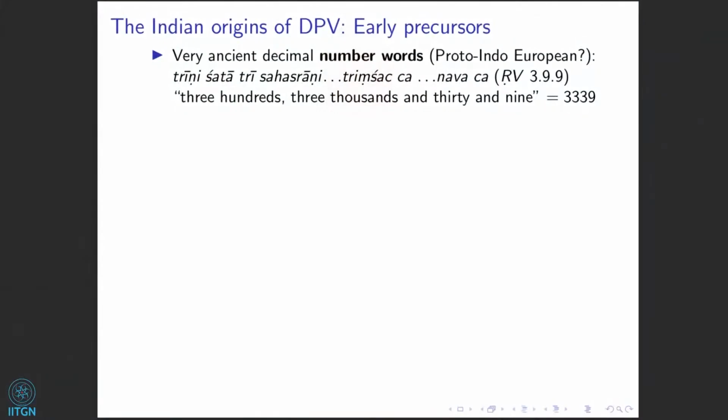an extremely ancient system, in fact, shared with other Indo-European languages, from the Celtic and Germanic to the Indo-Iranian, and probably goes back as far as Proto-Indo-European, the common ancestor, where the verbal way of representing numbers with number words just happens to be exclusively decimal.